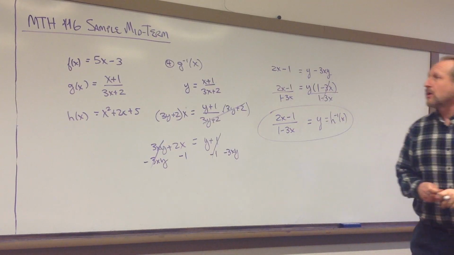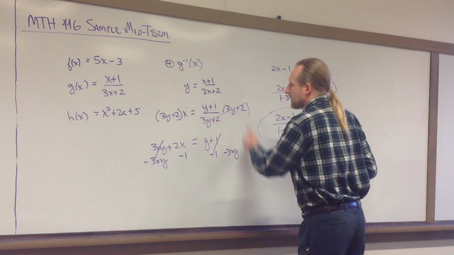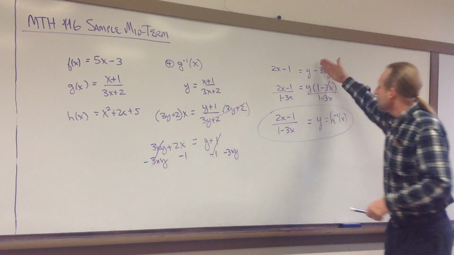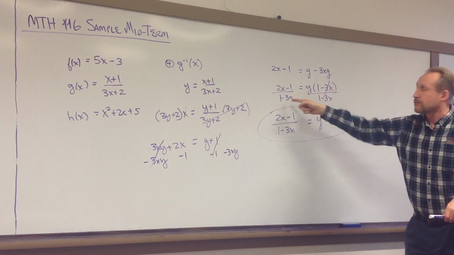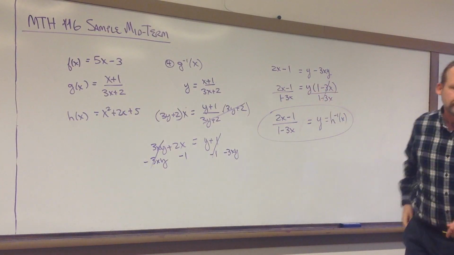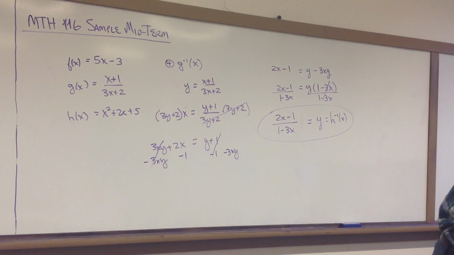So the two trickiest parts of this are clearing out this denominator to cancel here, and then this process right here where you factor out the y and then divide through by that to get the y by itself. Okay, so that is page 1.